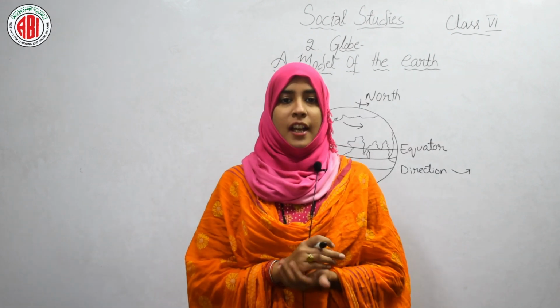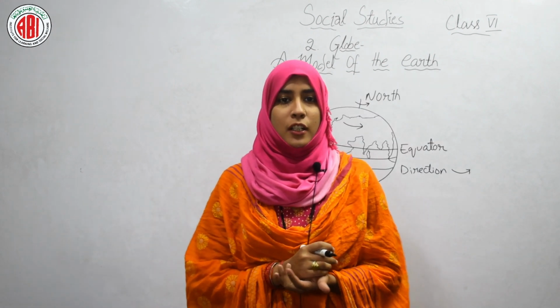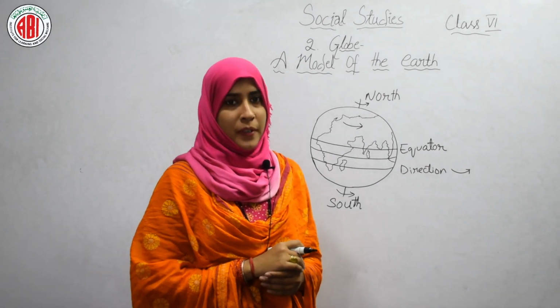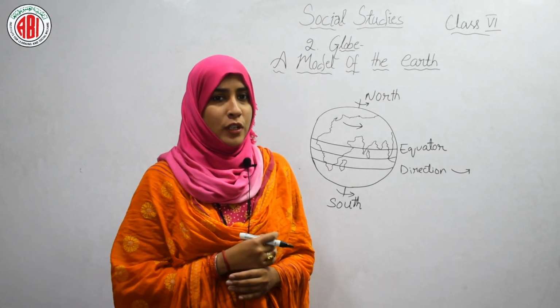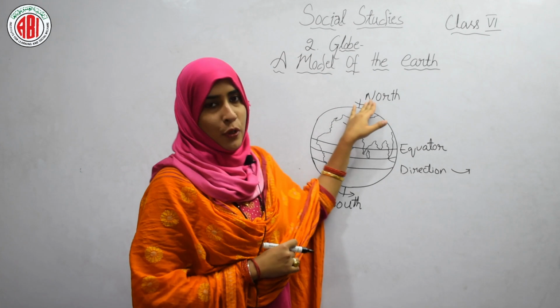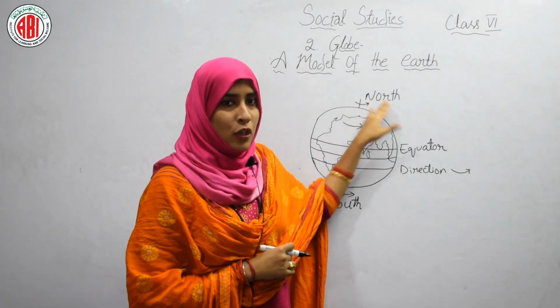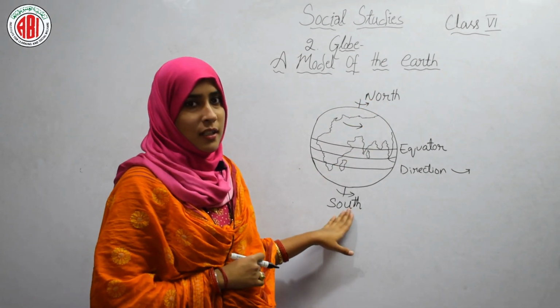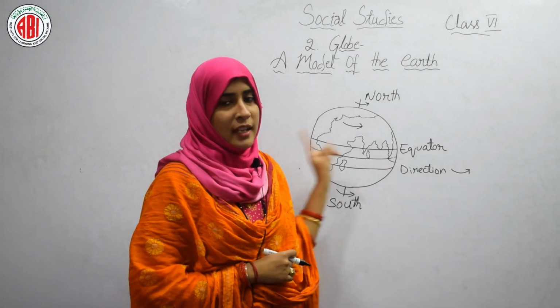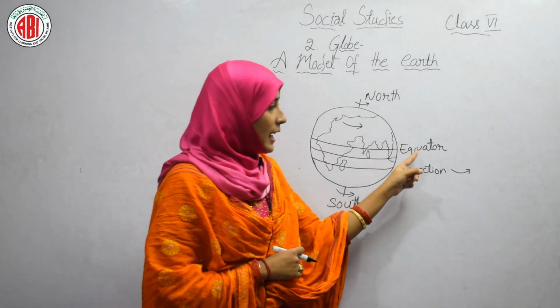Here I have drawn a rough diagram of a globe. It is not perfect in shape, but let's focus on the poles. This pole represents the northern part of the globe, and this pole represents the southern part, and the middle part of the globe is called the equator.